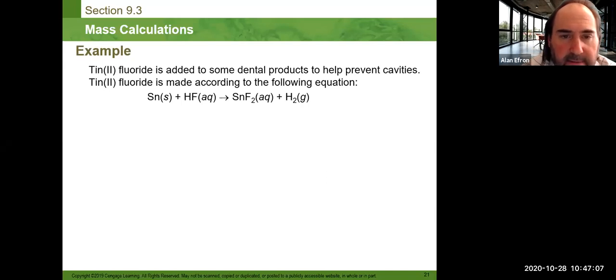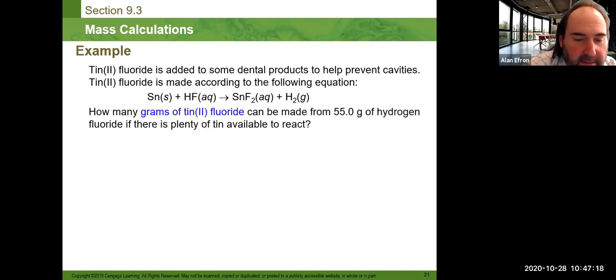All right, so why don't you take a second here and give this one a go. Tin 2 fluoride is made from hydrogen fluoride. How many grams of tin 2 fluoride can be made from 55 grams of hydrogen fluoride?